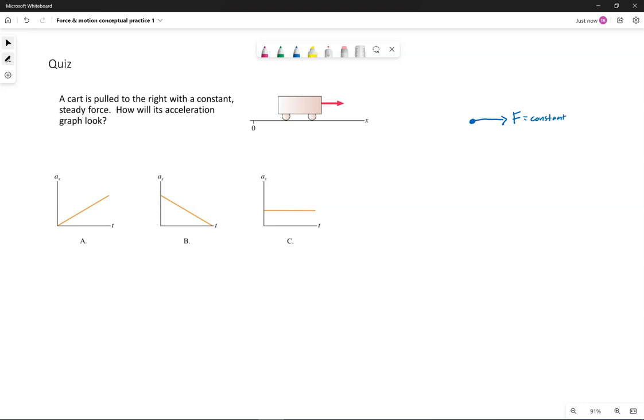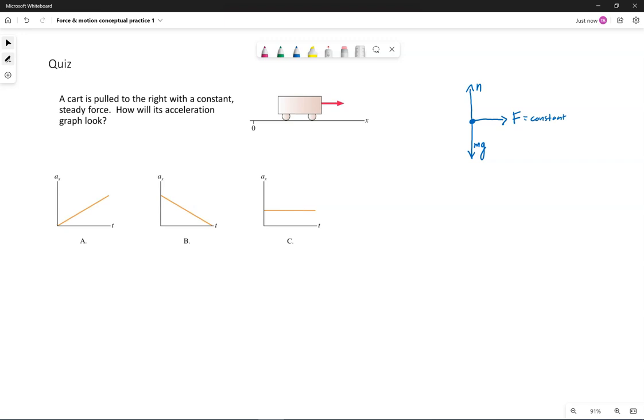It could be 10, 20, 1.5, but it stays whatever number it is the whole time. The cart, of course, will also be experiencing the pull due to gravity. So downwards, our field force. The cart is on a surface, so there is a normal force perpendicular to that surface.